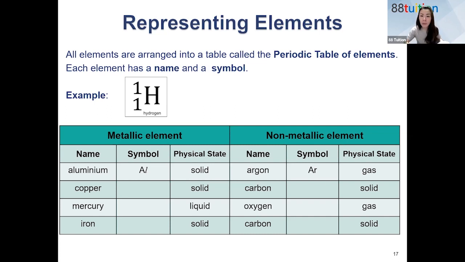Aaron can find? Okay, Al. If you look at the top, you will see the group, and it tells you 13. Can you see 13? Aluminium is under group 13 as stated.